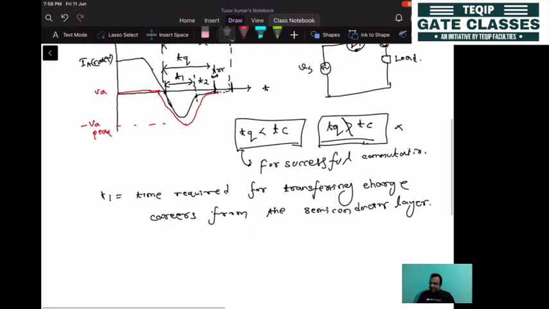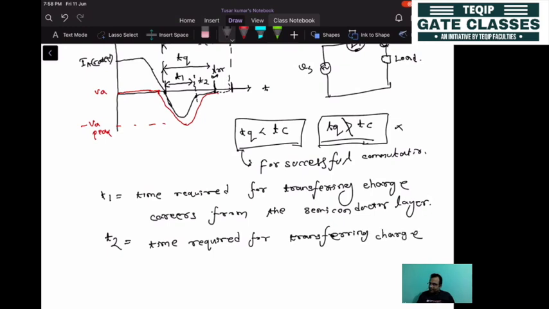Similarly, T2 is the time required for transferring charge carriers from the junctions.